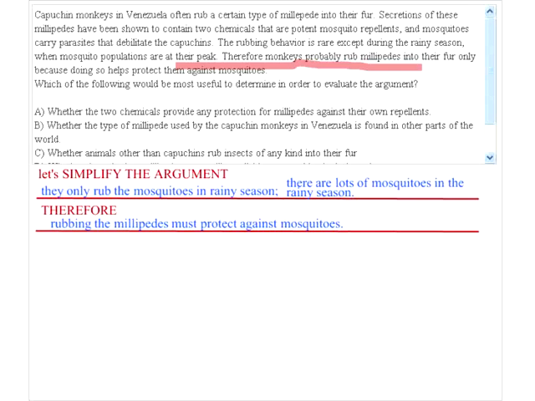Most useful to determine in order to evaluate the argument. Let me tell you what that is, just to make sure you know. That's basically code words for strengthen and weaken. This is basically code for strengthen or weaken.